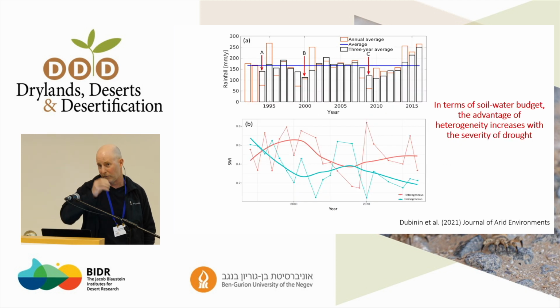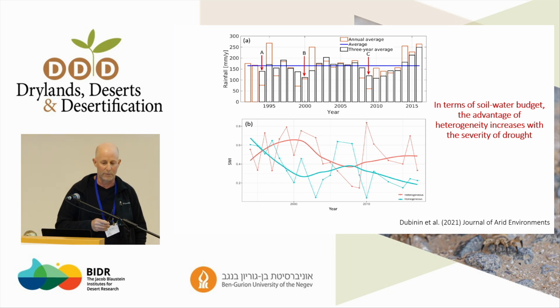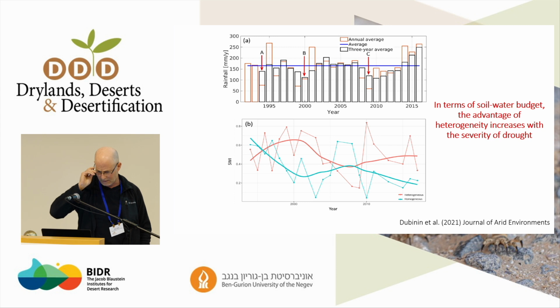Now the difference between the two hill slope types is substantially prominent for severe dry years, as marked here with A, B, C, where we can see that the soil water index is much greater in the heterogeneous hill slopes than in the homogeneous hill slopes.